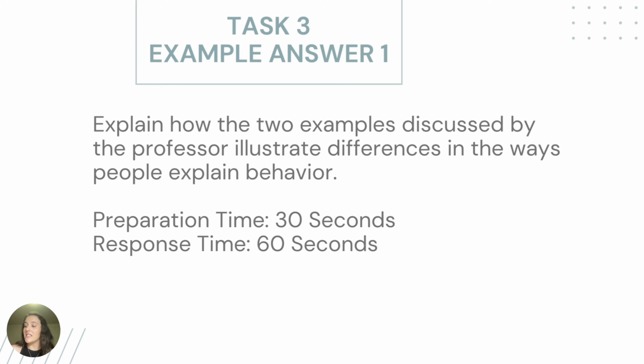The reading discusses actor-observer effect, which is when people judge other people's behavior differently from their own. The professor gives a personal example of this. He says that he was at the store the other day and somebody cut the line in front of him and he thought, how rude. He assumed that the person who cut the line was a selfish and bad person. A few days later at the store again, he was in a hurry for an important meeting.